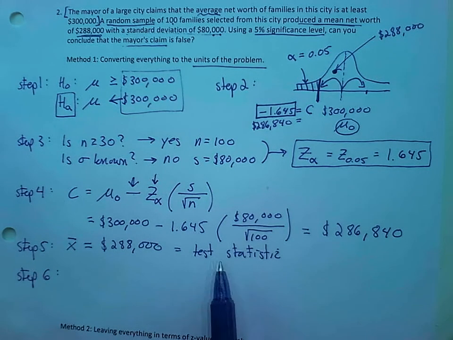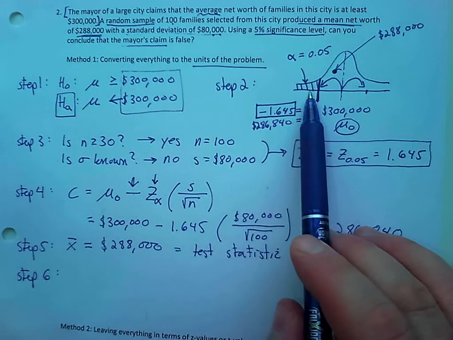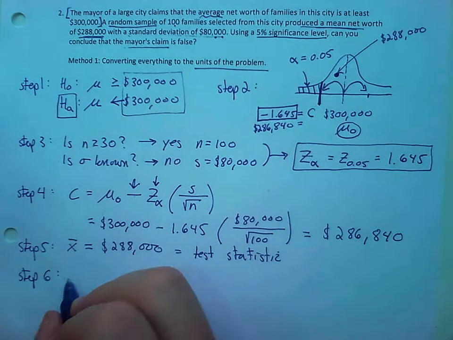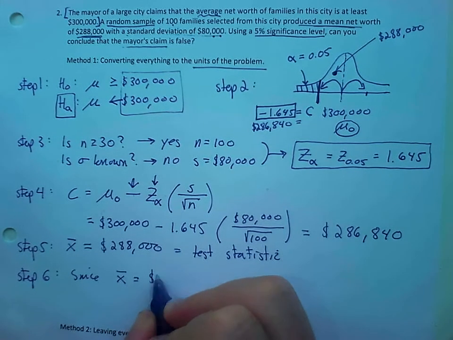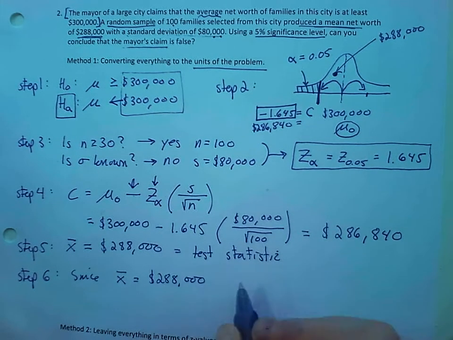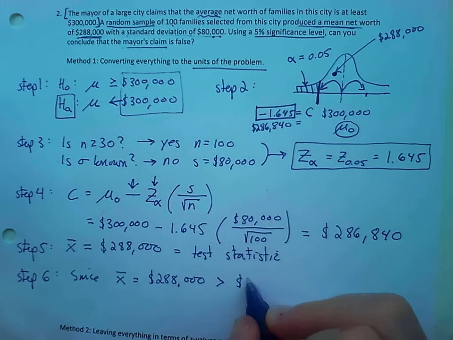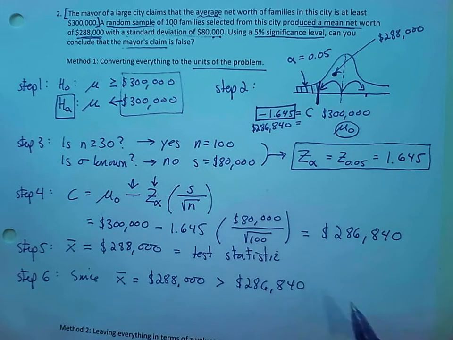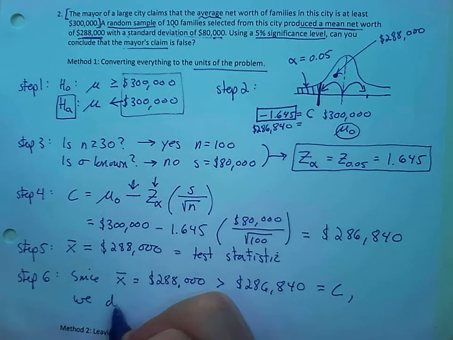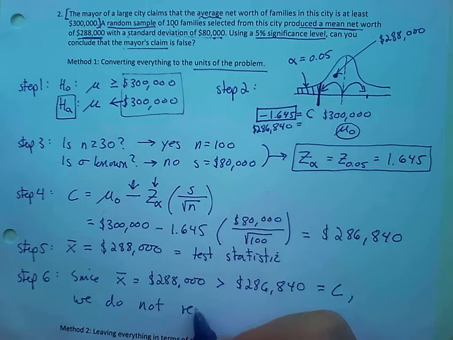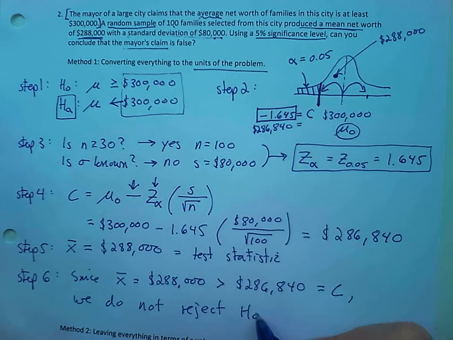So therefore, our test statistic is not within the rejection region. So we're going to say that since x bar, which is $288,000, is strictly greater than $286,840, which is our left-hand side critical value, we do not reject the null hypothesis that mu is greater than or equal to $300,000.